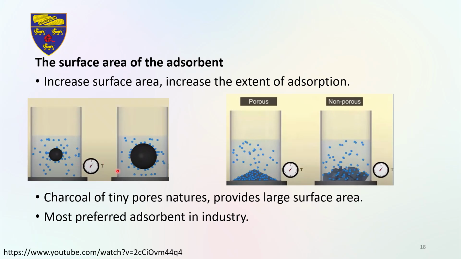Charcoal with its tiny pores, or with the porosity which is higher, will provide a massive surface area, making it more preferable for the process of adsorption. So the porous material will have a higher adsorption compared to the non-porous material.